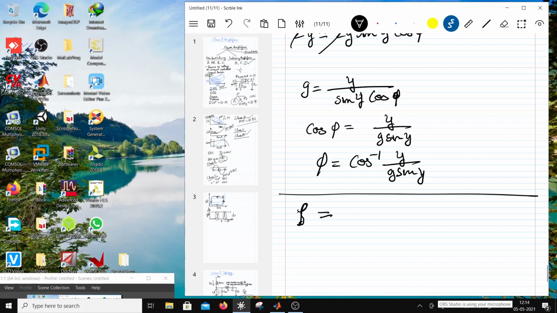The slope is xi, so that would be 1 over VDD times d VSH, which is a function of theta, divided by d theta, and this would be at theta equal to pi by 2 plus y.